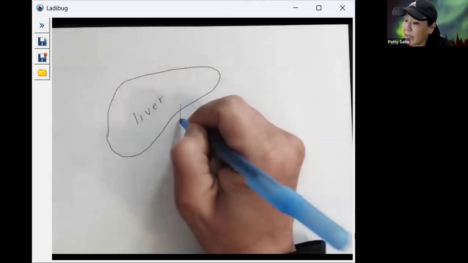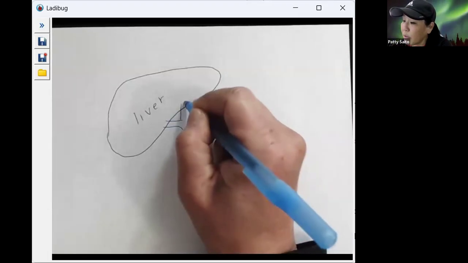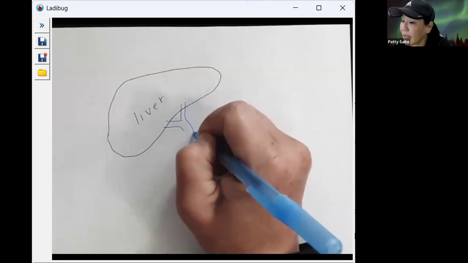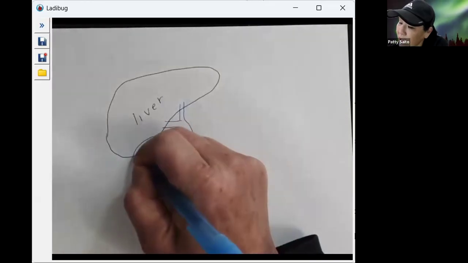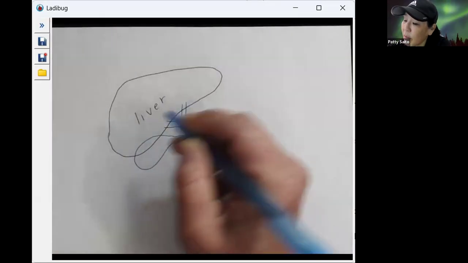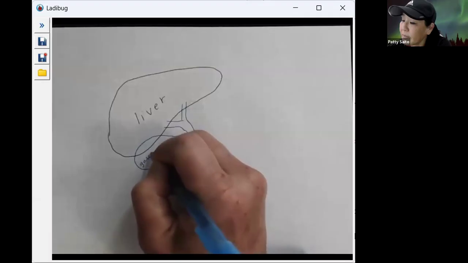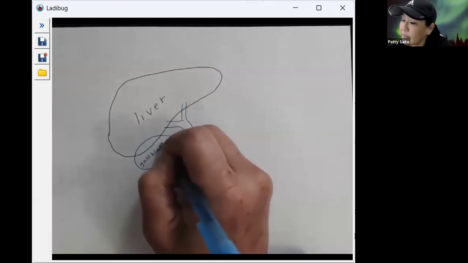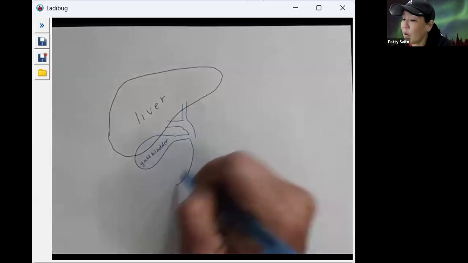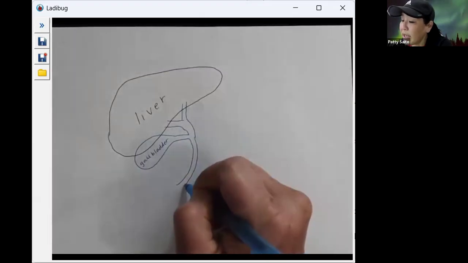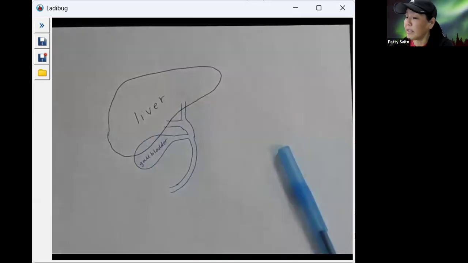So it makes bile and delivers the bile through ducts. And then that bile is stored in the gallbladder. When needed, it's dumped into the small intestine.